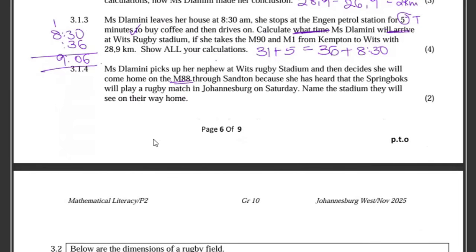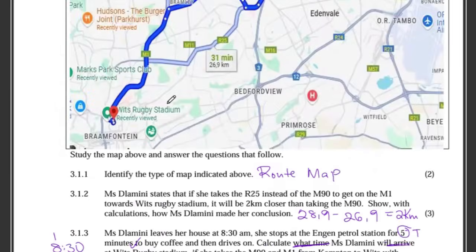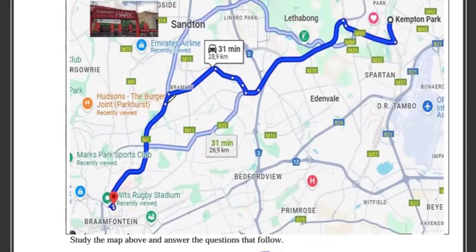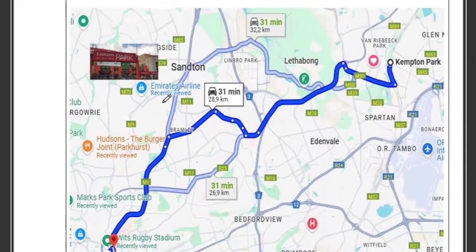Name the stadium they will see on their way. We are using M88 now. That's the first thing you have to look for. Where is M88? It's this one here. When you follow it nicely, you see that it's a blue one. It comes like this.